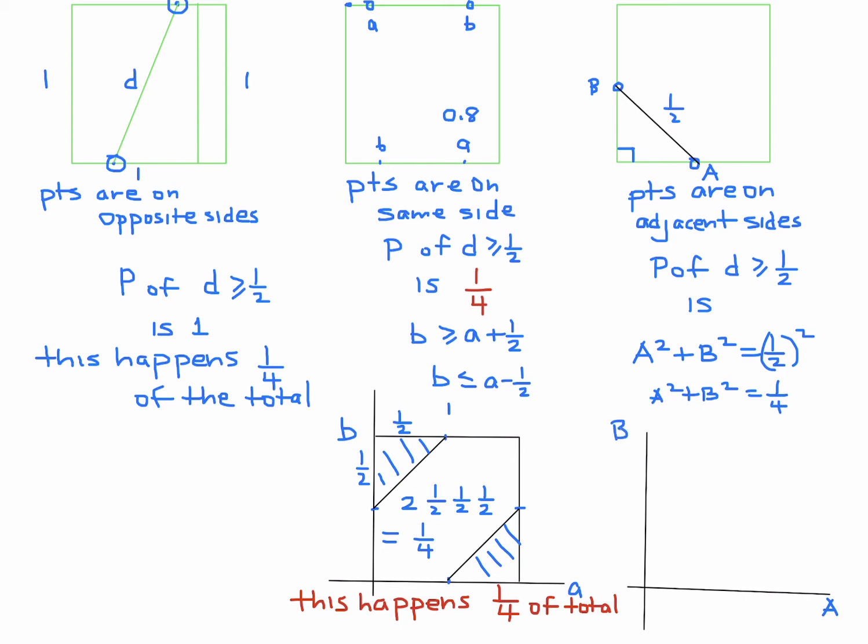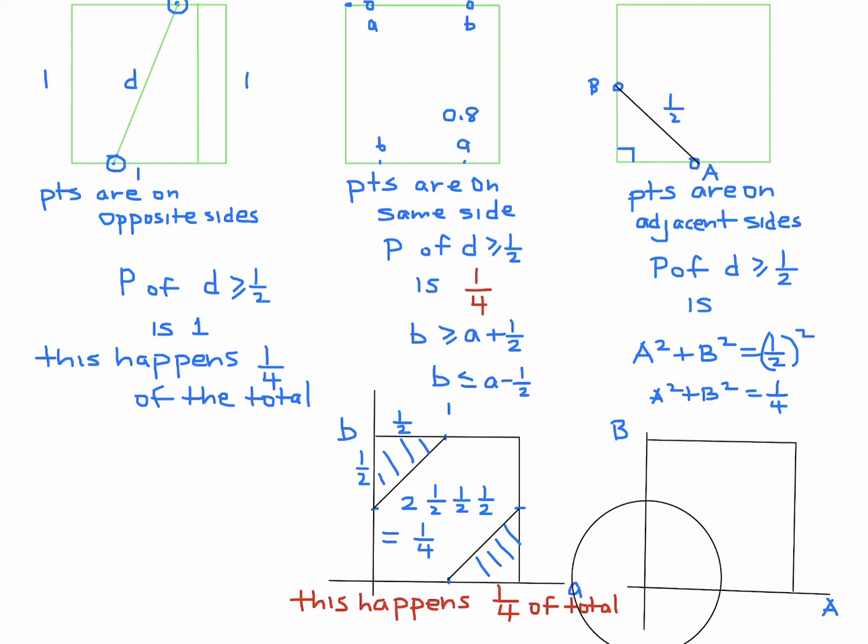And the radius of the circle is a half. So first let's draw in our boundaries, which would be 1 and 1. And then we have to draw in a circle that has a radius of a half. So something like that.